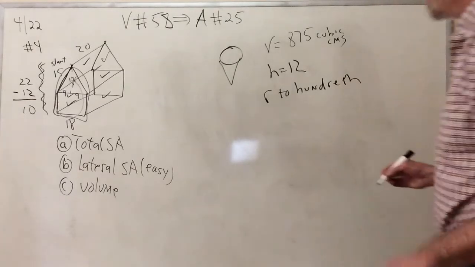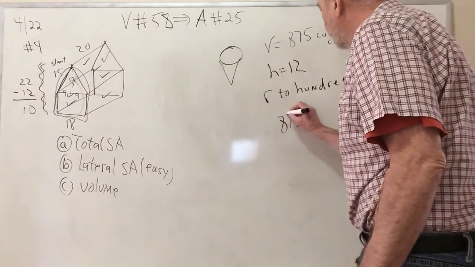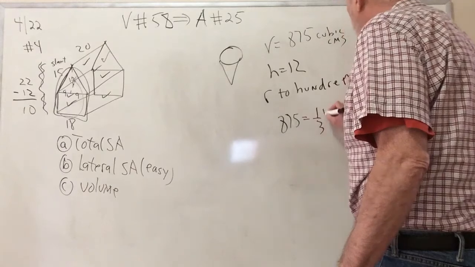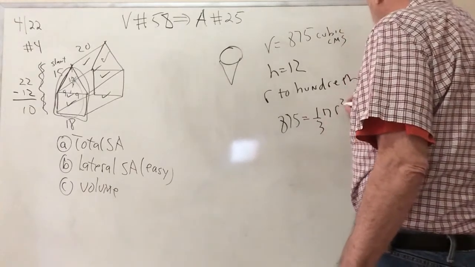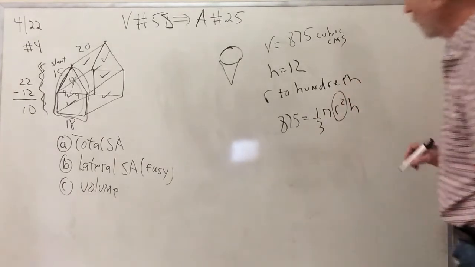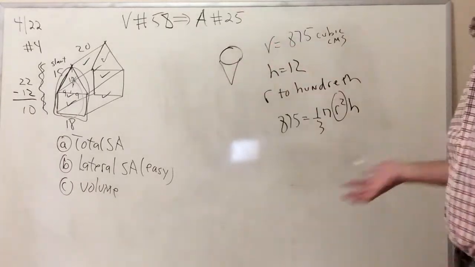And here we just fill in the formula yet again. 875 equals 1/3 pi r squared h. In contrast to the one we did a little earlier this morning, now you're going to need to take the square root. So you need to understand that. That's the math, like any other subject that you would take.